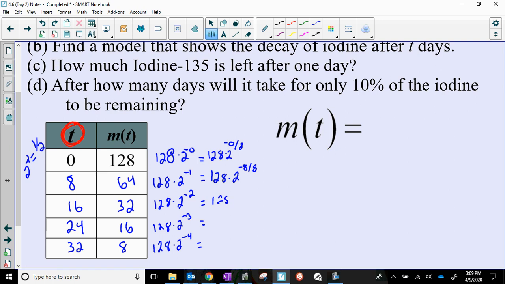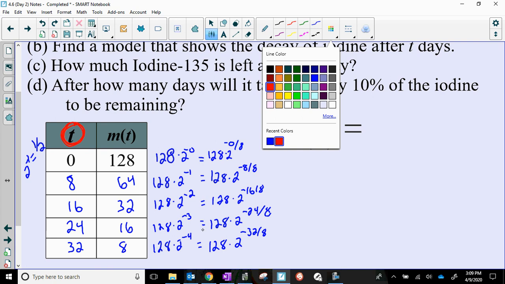So 128 times 2 to the negative 16 divided by 8. So 128 times 2 to the negative 24 divided by 8. And 128 times 2 to the negative 32 divided by 8. And that would give us the powers we see.